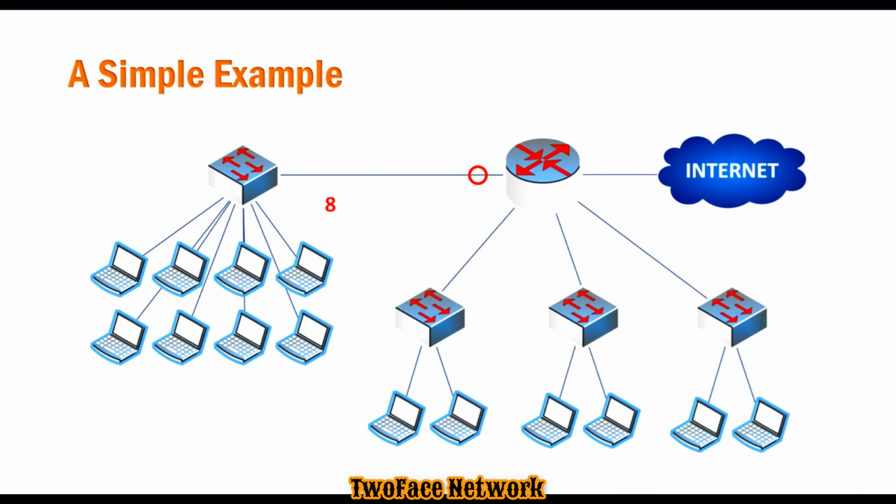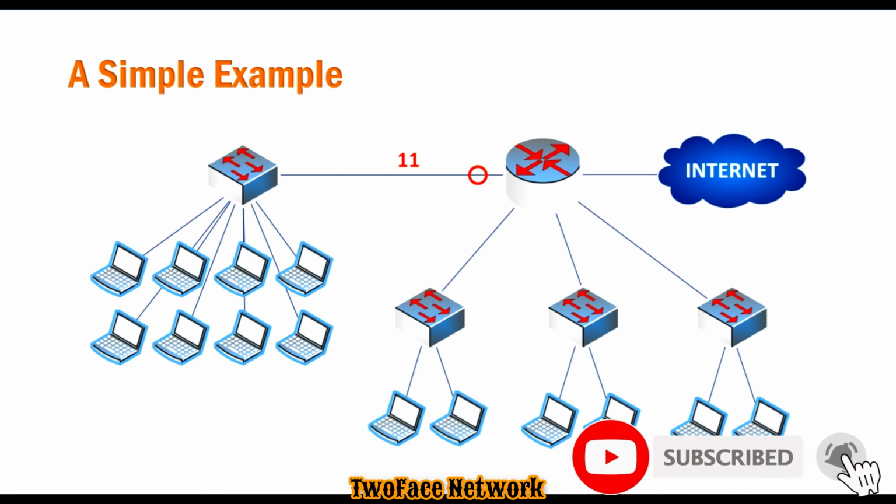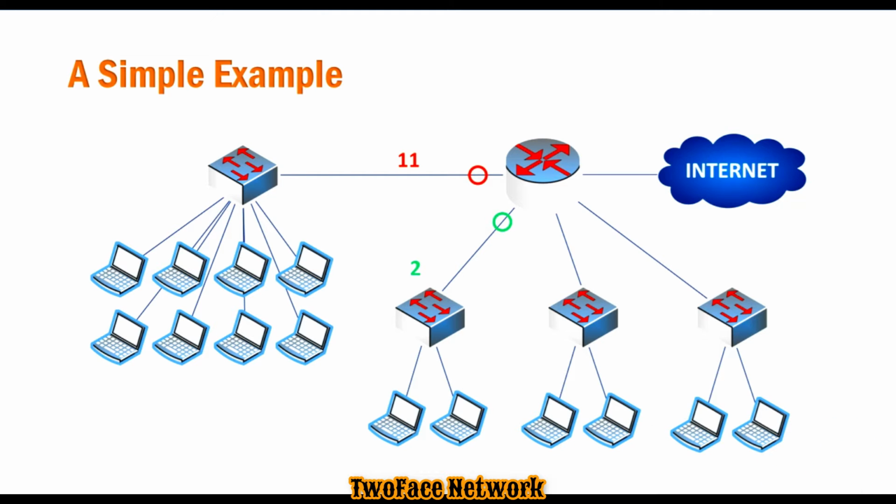We need 8 IP addresses for 8 laptops, plus 1 IP address for the router interface, plus 2 IP addresses for the network ID and broadcast. In total, that's 11 IP addresses for the largest network. For the other 3 networks, we need 2 IP addresses for the 2 laptops, plus 1 IP address for the router interface, plus 2 IP addresses for network ID and broadcast.